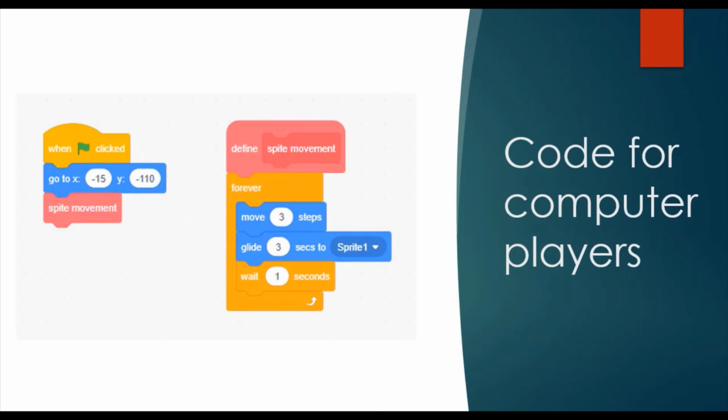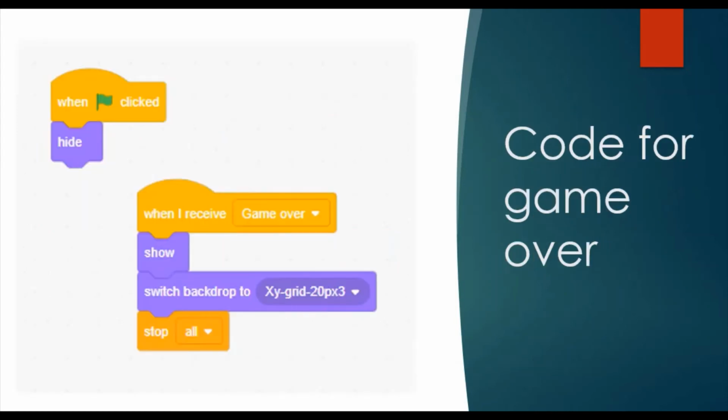This is the code for the computer player, and computer players are trying to touch the human players. And for the game over, if the computer player touches the human player, then the game is over, which means stop all.